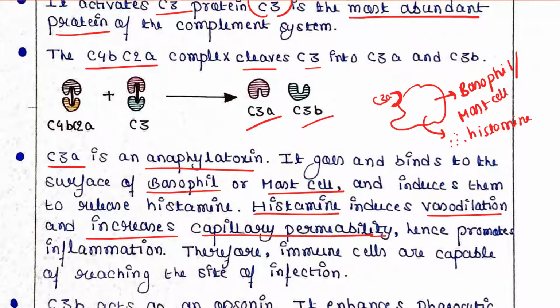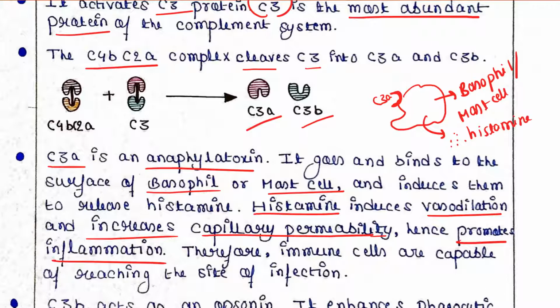As histamine induces vasodilation and increases capillary permeability, it promotes inflammation, because vasodilation and increase in capillary permeability ultimately promote inflammation. Therefore, immune cells are capable of reaching the site of infection, because we know that inflammation is required for the immune cells to reach the site of infection.